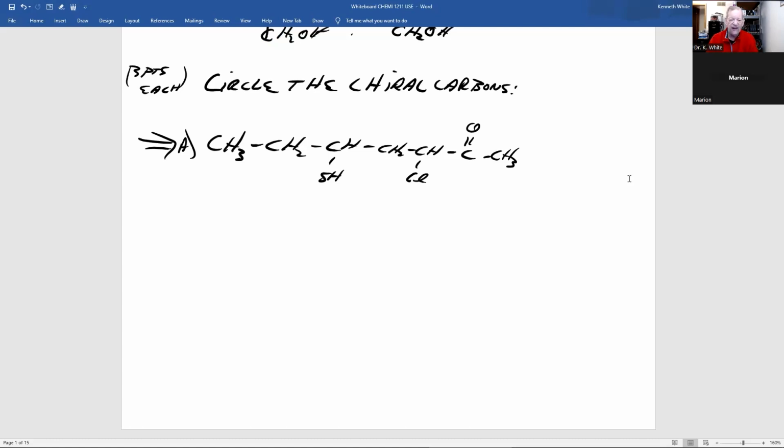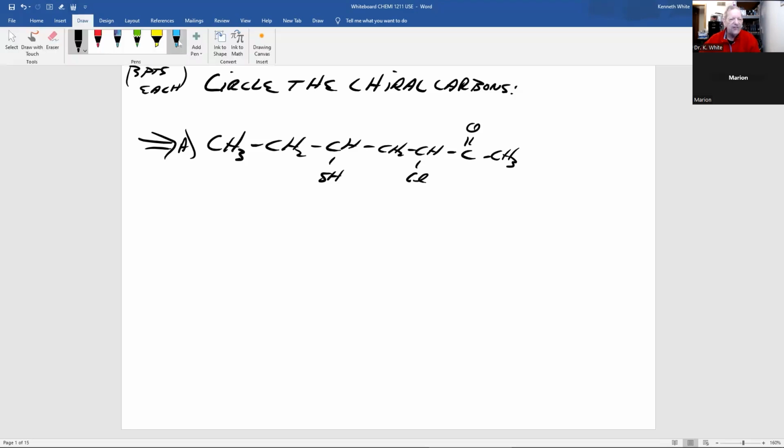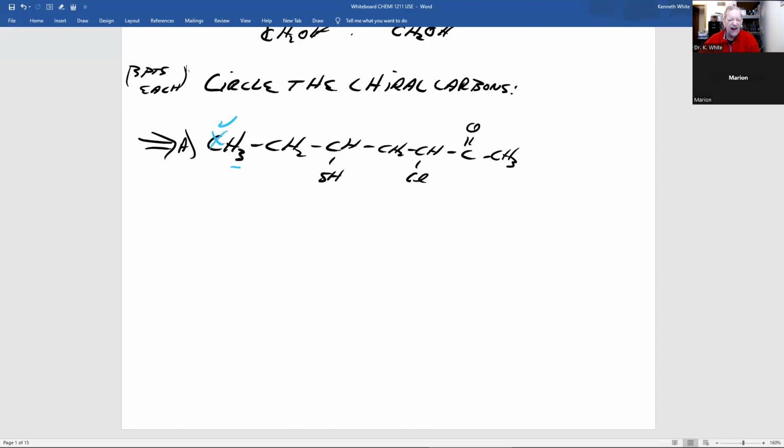Well, the quickest way is to eliminate the carbons that are not chiral. A chiral carbon has to have 4 different groups, 4 different atoms, or a combination of 4 different groups or atoms. If it's in a double bond or triple bond, or if it has 2 or more hydrogens, it can't be chiral. So immediately I can say this has 3 hydrogens, it's out.